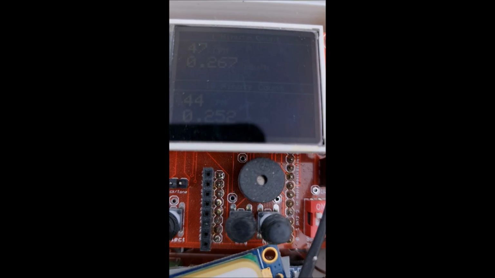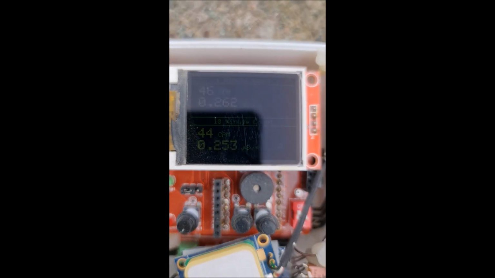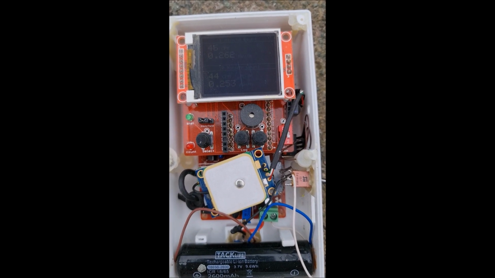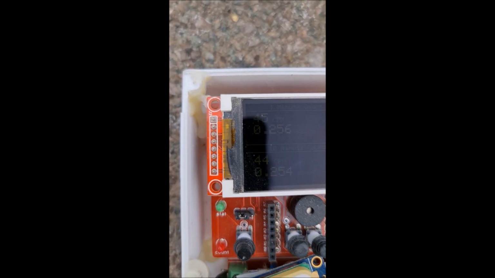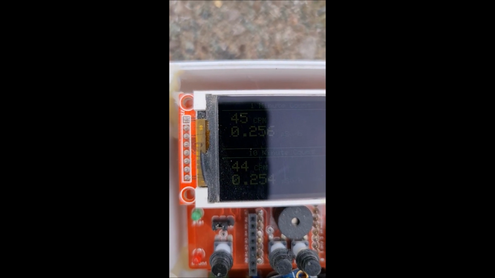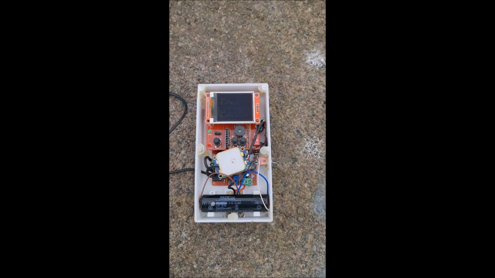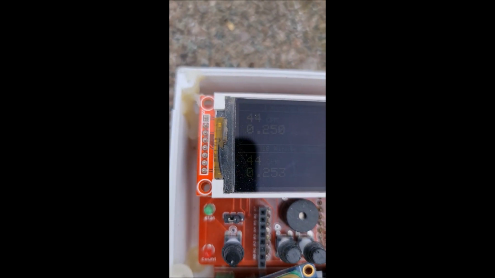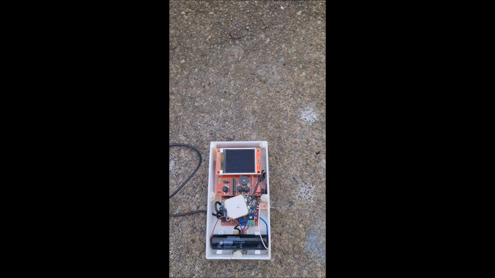So it gives you some idea. Now this is not a calibrated Geiger counter, but it's just those numbers that I'm interested in. So around 45 clicks a minute seems to be the background level of radioactivity out here.